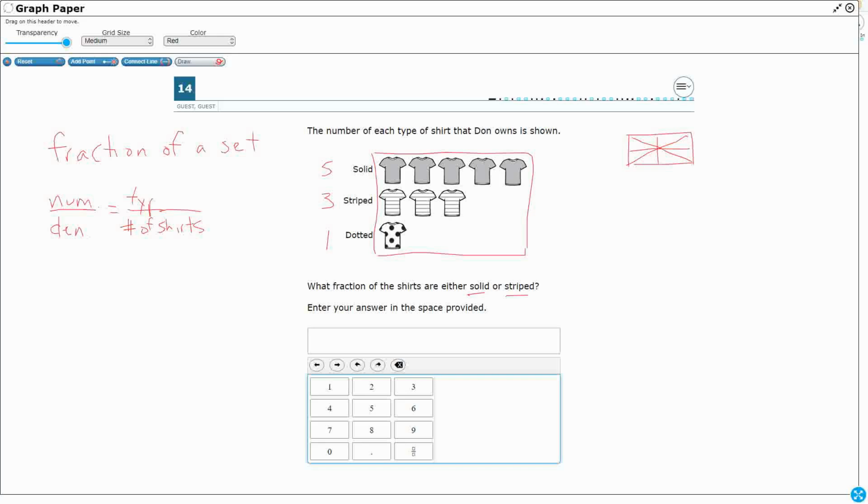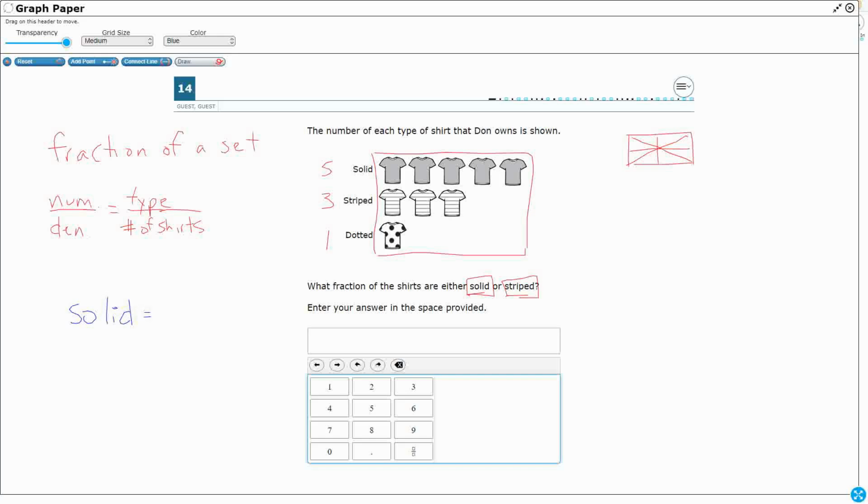Solid, striped, dotted. So how many total shirts do we have? 1, 2, 3, 4, 5, 6, 7, 8, 9. All right, so we can represent it like this. We're looking for solid and we're looking for striped. Our solid, how many solids do we have?